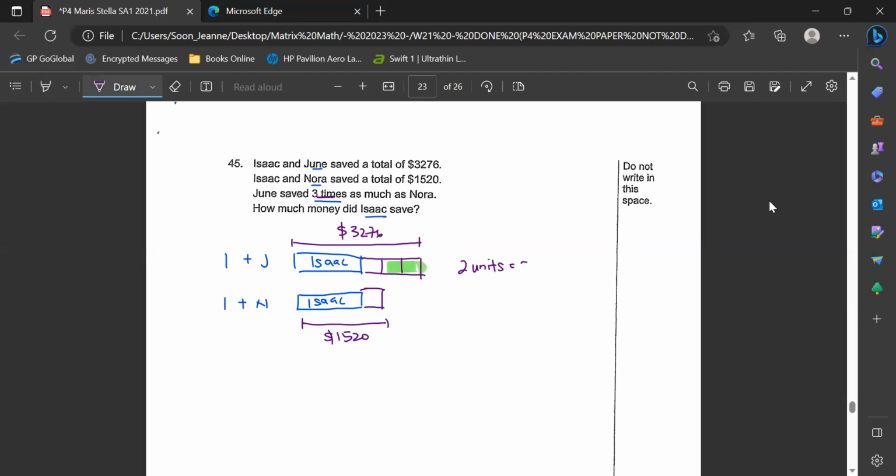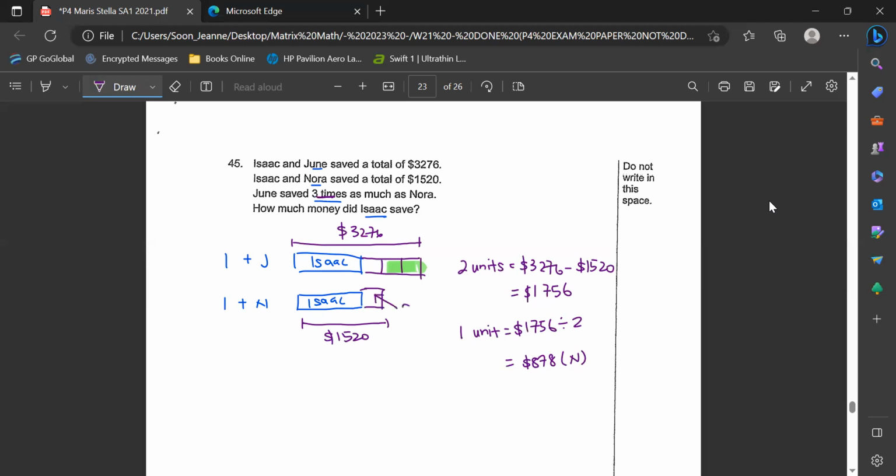We have to take 3276 minus 1520, which is $1756. Look for 1 unit. 1756 divided by 2 is $878. So 878 is actually Nora, because Nora is just 1 unit.